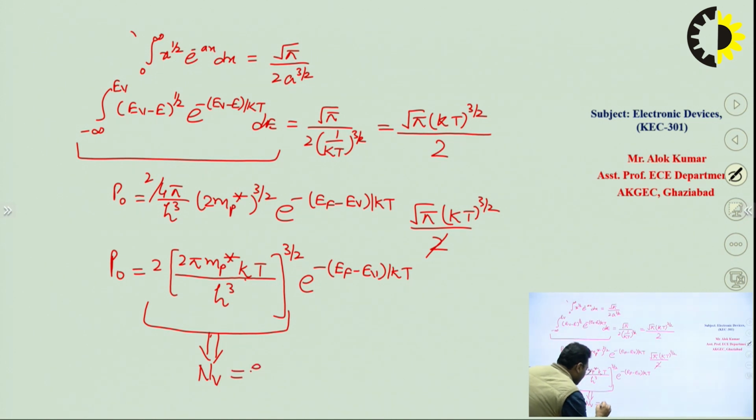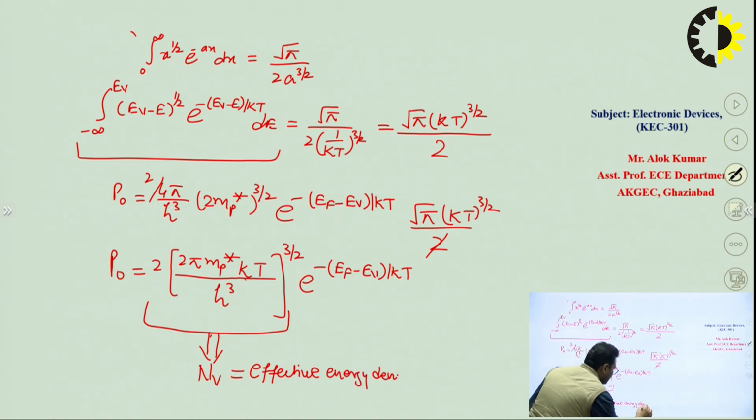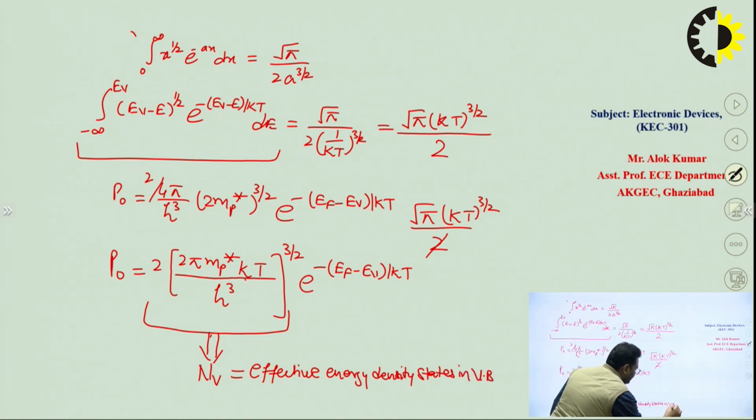NV is the effective energy density of states in valence band.